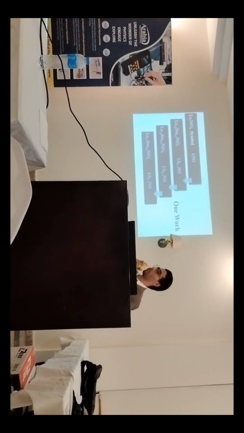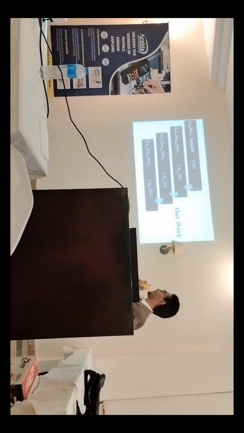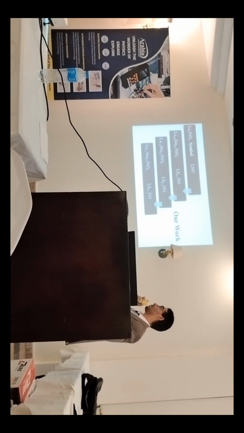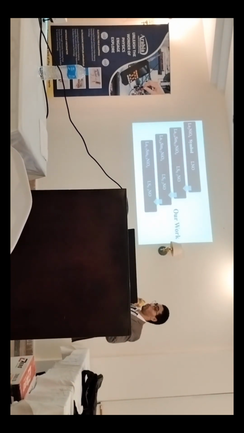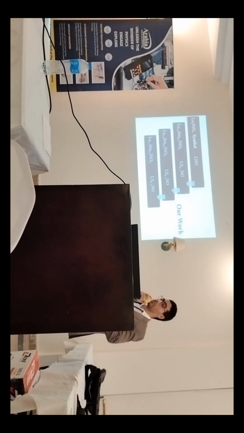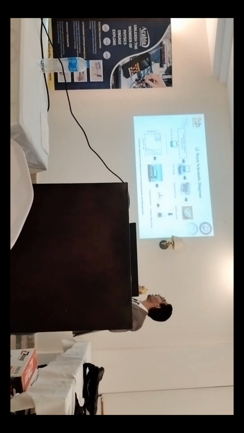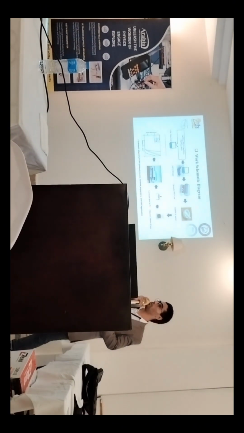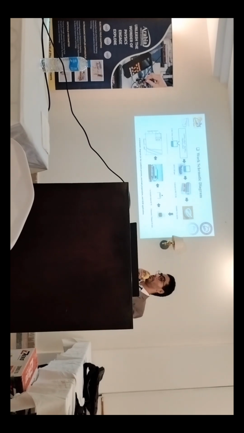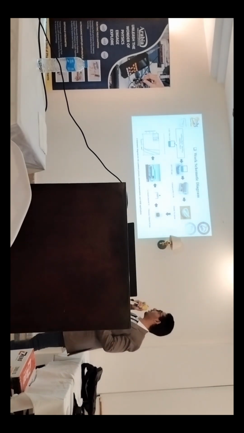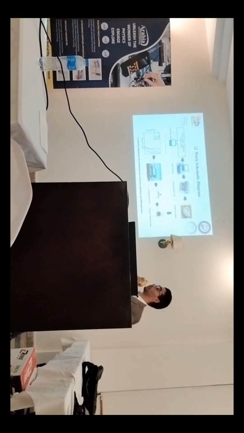So what was our work? We prepared Lanthanum nickelate and also doped it using samarium instead of lanthanum, using 0.1, 0.2, and 0.3 ratios. This was a schematic diagram of our work. Our method of preparation was based on the citric acid combustion technique.